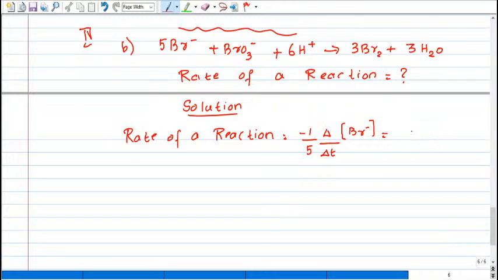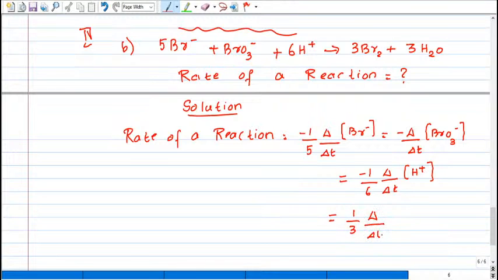The second one is minus d by dt of BrO3 minus. Then again equal to, it is minus 1 by 6 d by dt of H plus. Again equal to, plus, no need to put plus, it is 1 by 3 d by dt of the active mass of Br2.